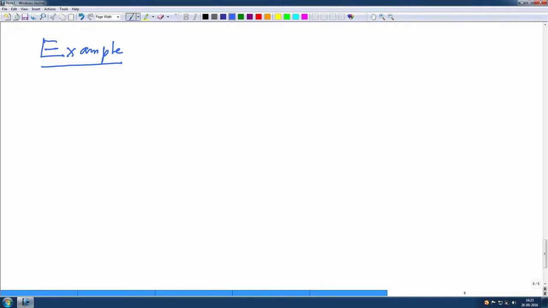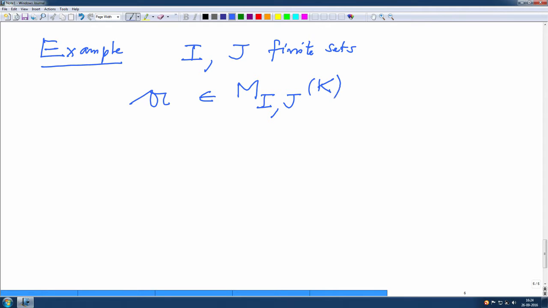So I will take I, J finite sets and A is a matrix, rows are numbered by I and columns are numbered by J, with entries in the field k. Remember, this is nothing but k^(I×J). So it is really a function from the product set I cross J to the field k.